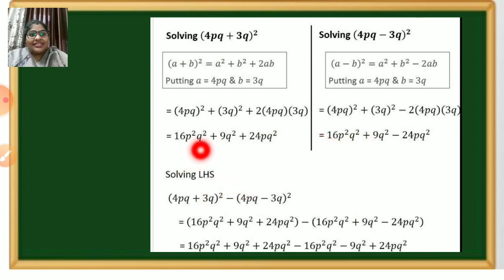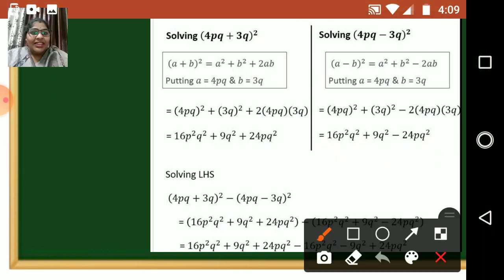That is 16p square q square plus 9q square plus 24pq square minus 16p square q square plus 9q square minus 24pq square. Now if you see, children, 16p square q square minus 16p square q square gets cancelled. 9q square minus 9q square gets cancelled.